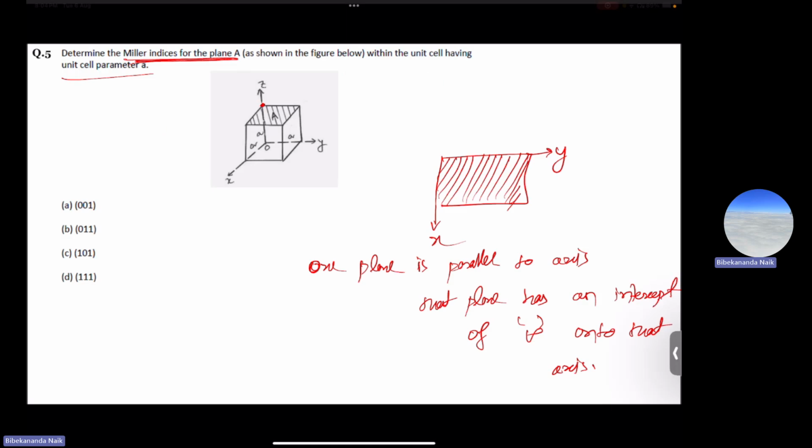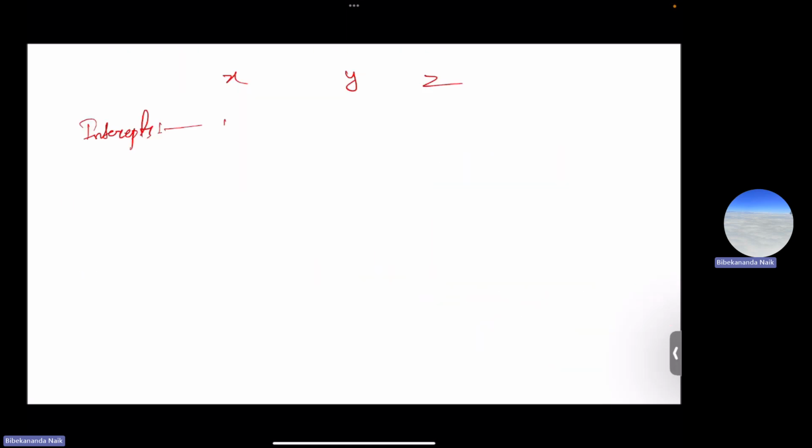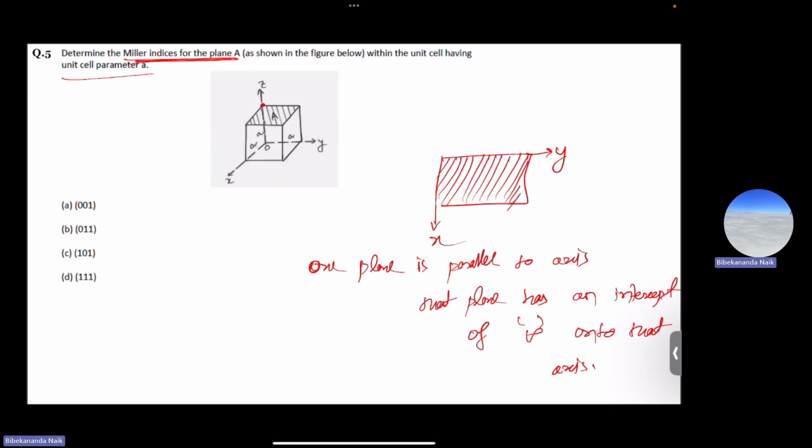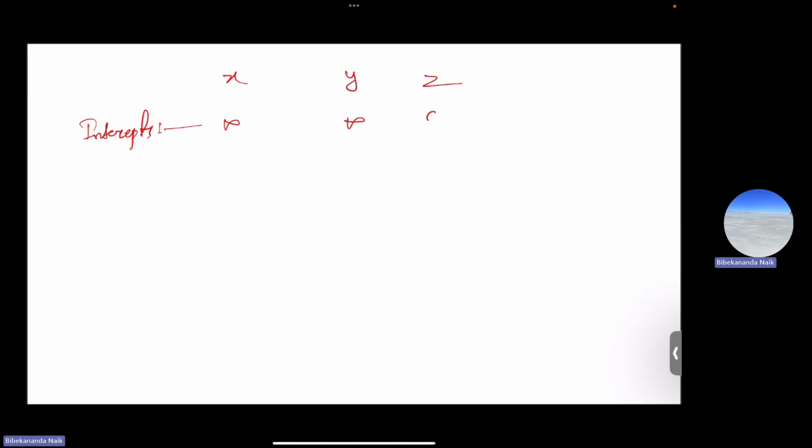then since it is parallel to the x axis, the x intercept will be infinity. Since it is parallel to the y axis, the y intercept will be infinity. And since it is cutting the z axis at A, it will be A. Then according to the procedure of Miller indices, we divide x by x intercept, y by y intercept, z by z intercept.